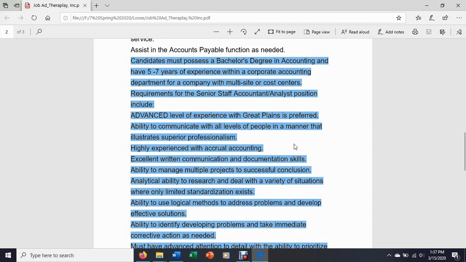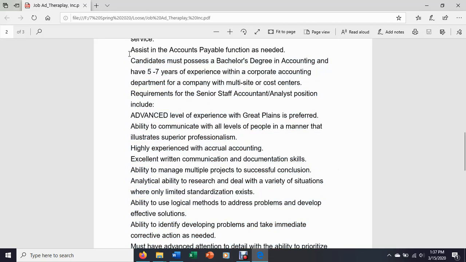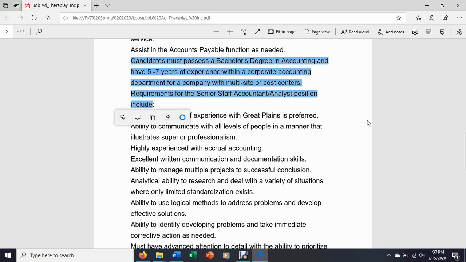In this job ad, it's not particularly well marked. We get a linguistic shift where we go from verb-driven statements about what the job candidate is going to do to noun-driven statements about what qualifications a person has to have to be competitive for this job.